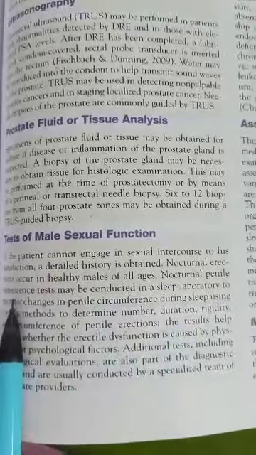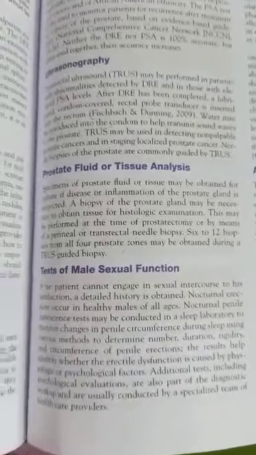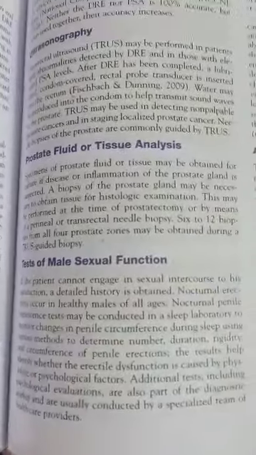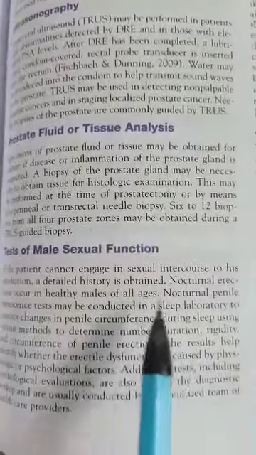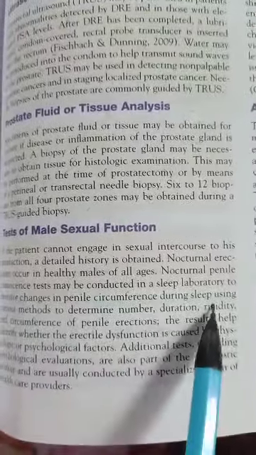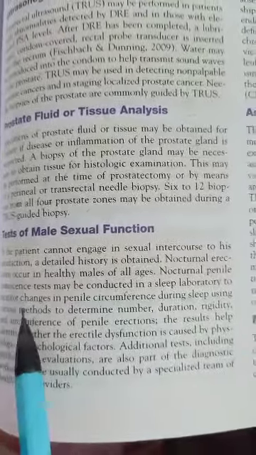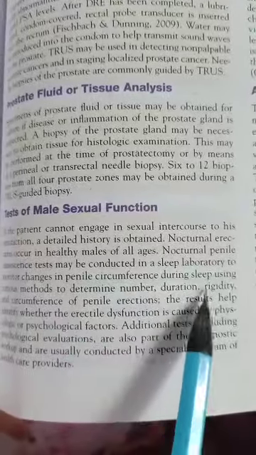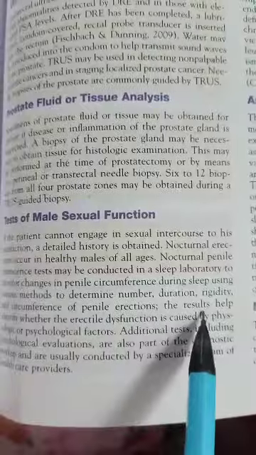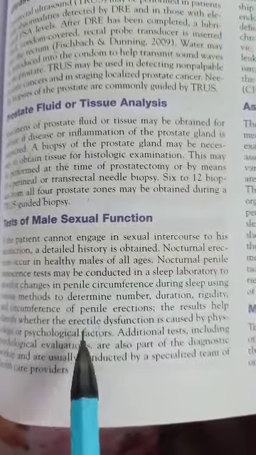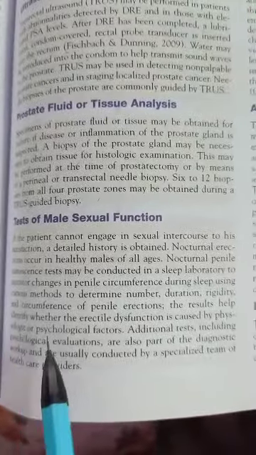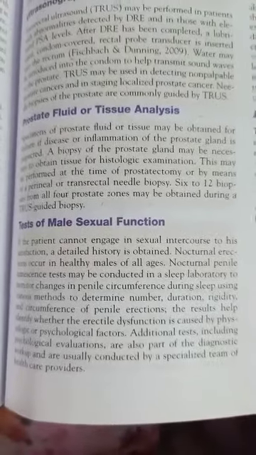A nocturnal penile tumescence test may be conducted in sleep laboratories to monitor changes in penile circumference during sleep, using various methods to determine the number, duration, rigidity, and circumference of penile erection. The results help to identify whether the erectile dysfunction is caused by physiological or psychological factors.